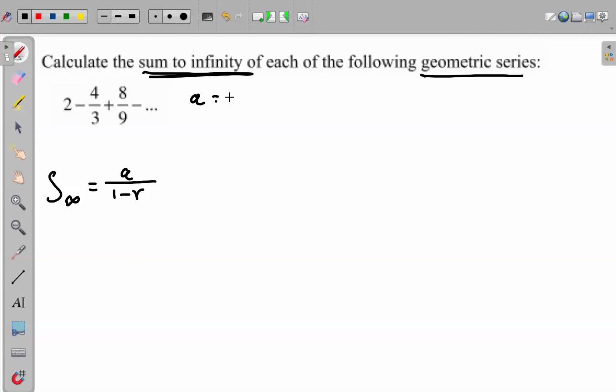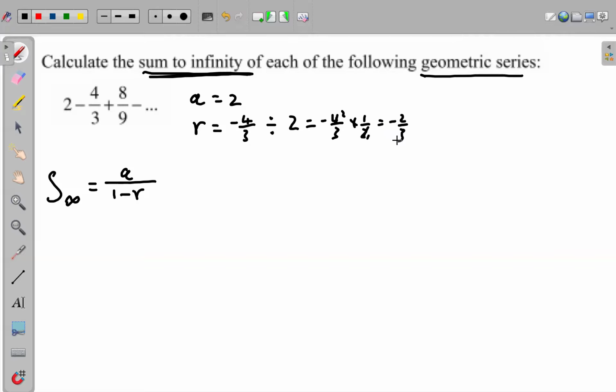A is obviously 2, but to find R, remember you're going to have -4 over 3, and you're going to divide that by 2. You can use your calculator for this. I get -2 over 3, and that is well within the range.